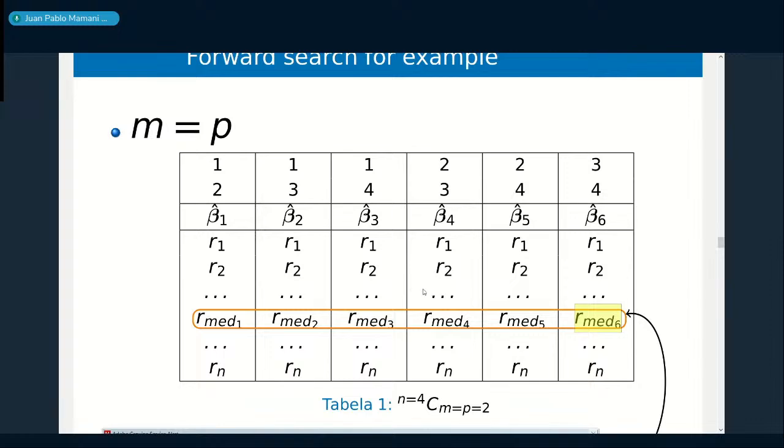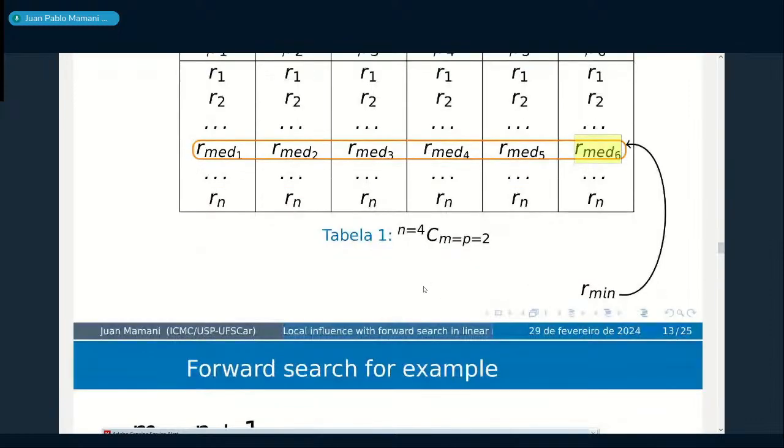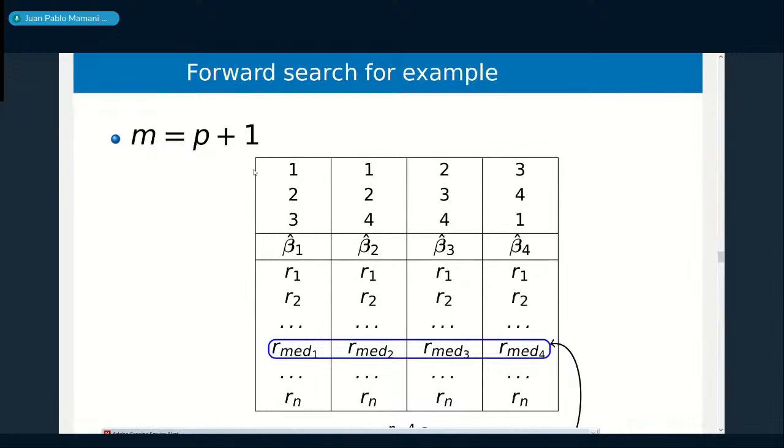In the second step of the algorithm, we add just one data point, creating groups of three data.